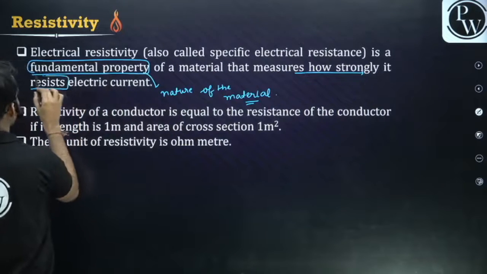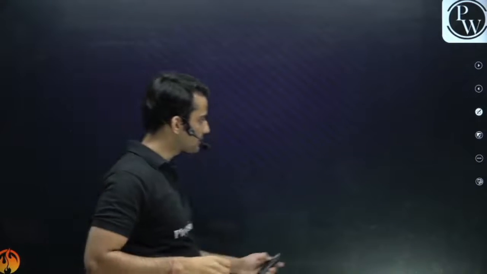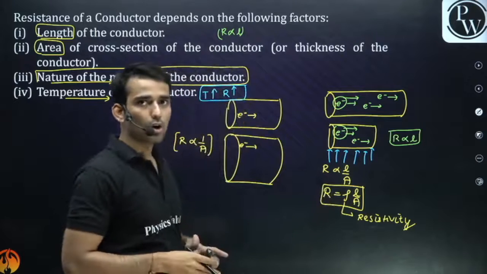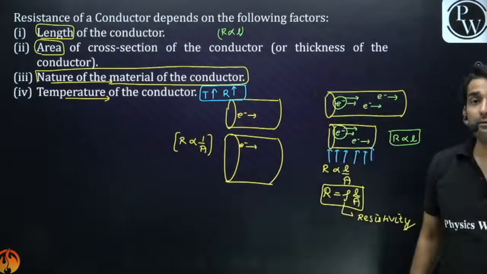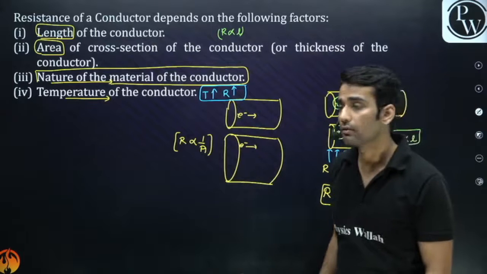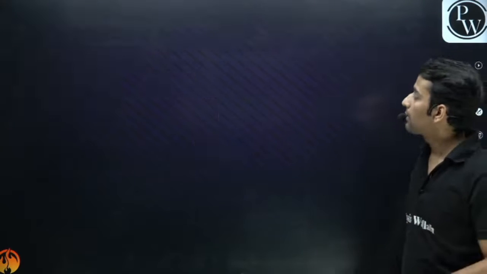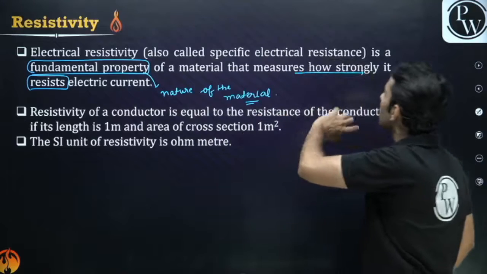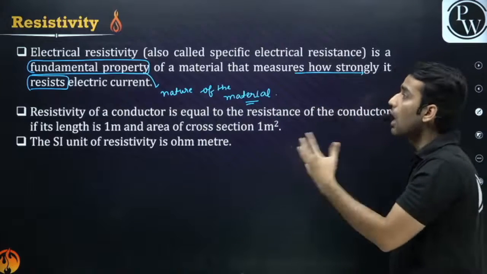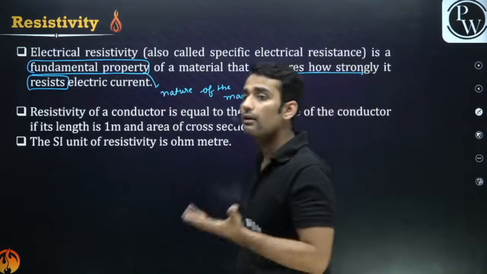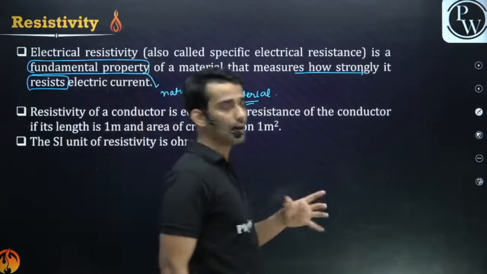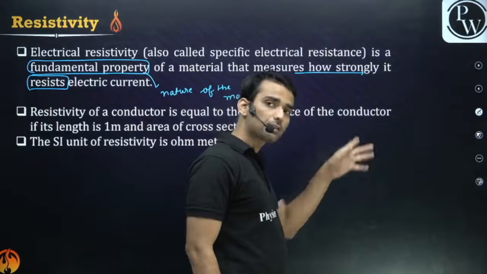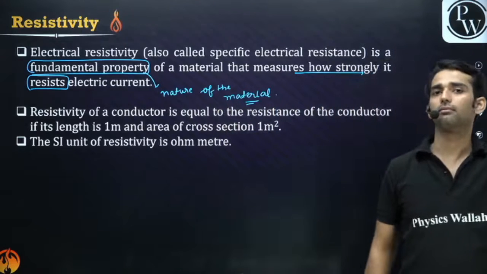See guys, more resistivity means more resistance. Resistance is the property by which it will oppose the motion, but resistivity measures how strongly it will oppose the current.